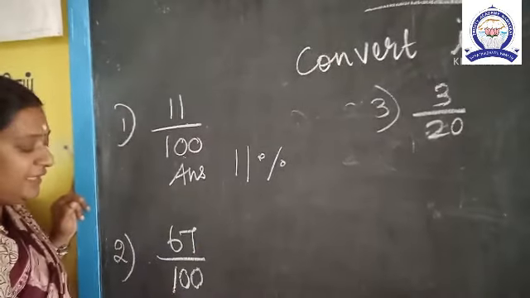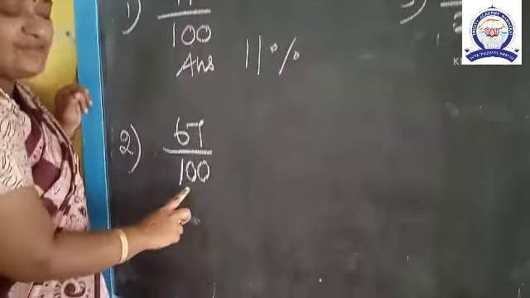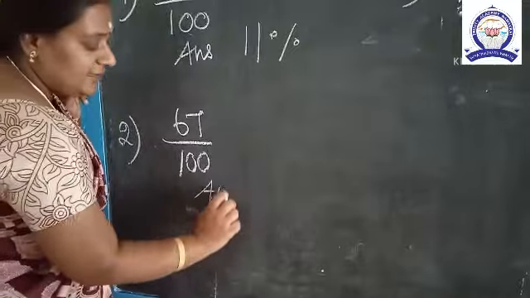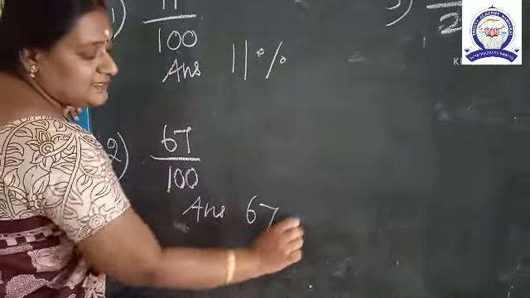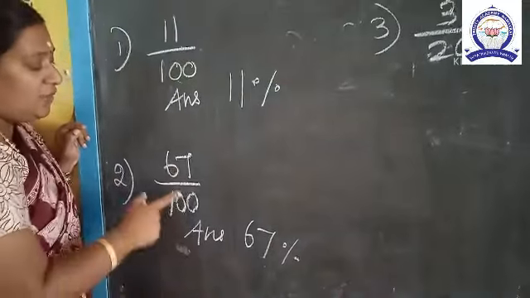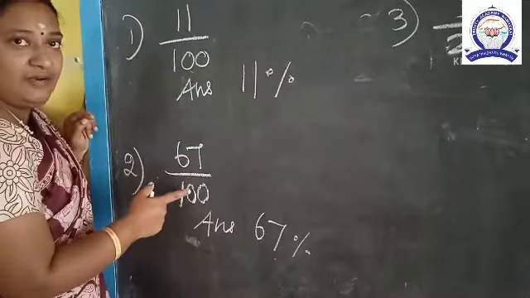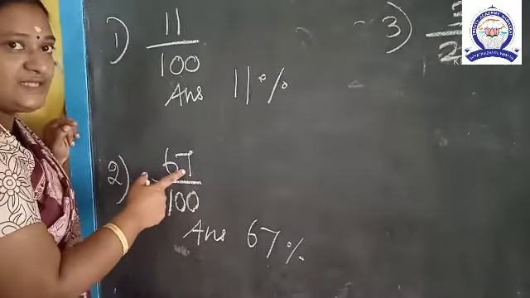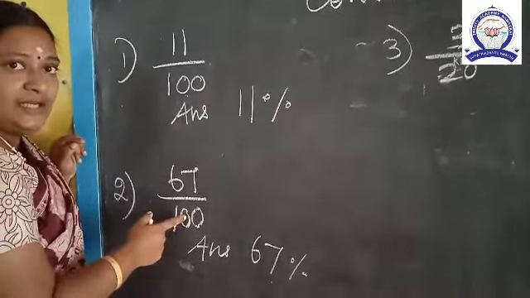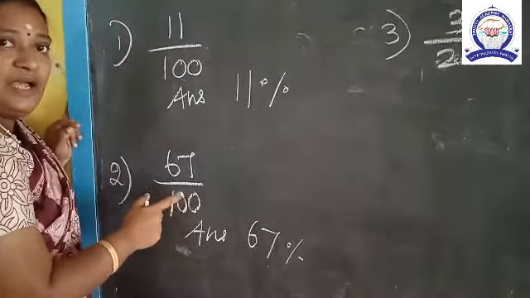Similarly, second question, 67 by 100. Answer, 67 percentage. In the denominator, the number should be 100.